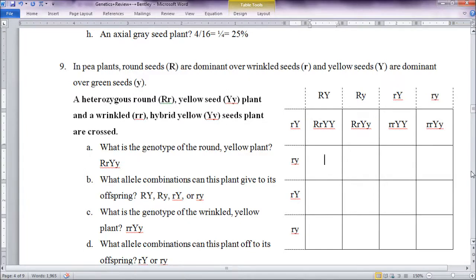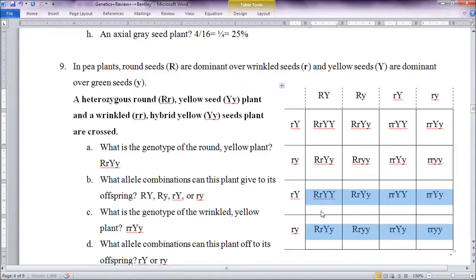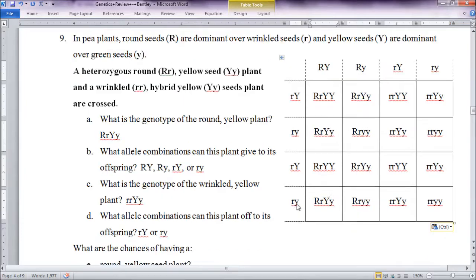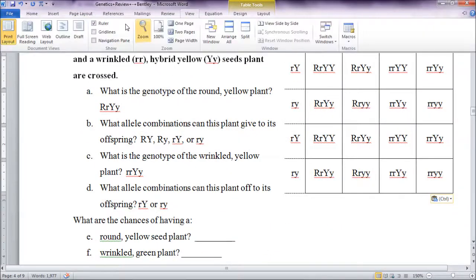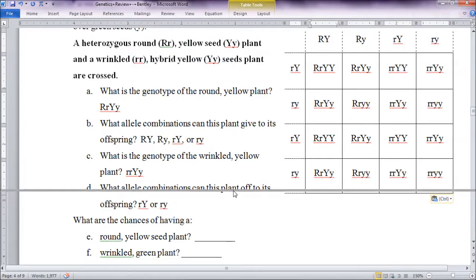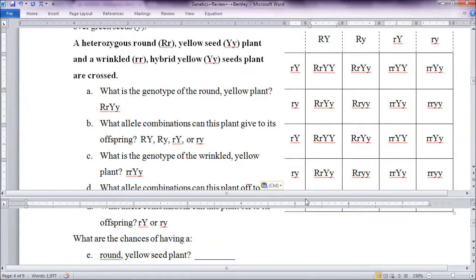This time we got big R, big Y, little y, big R, big Y, little y, little r, big Y, little y. Okay, so you may notice that all this should be the same thing as all this. If you're not sure why, try it. You'll find out that I'm correct. So I'm just moving on from there. So let me split the screen so that we can analyze it.